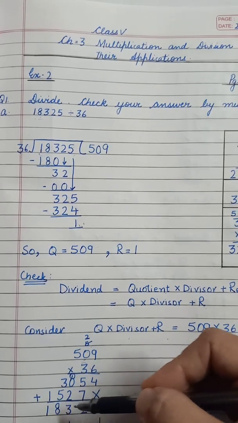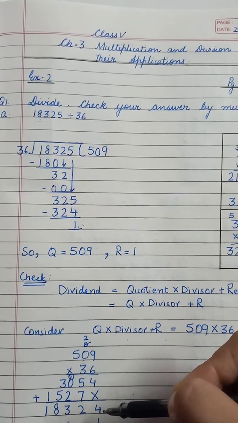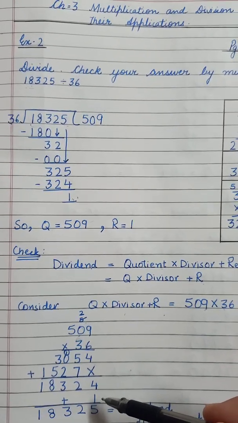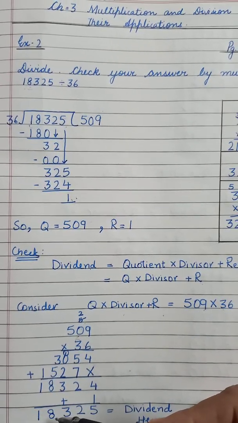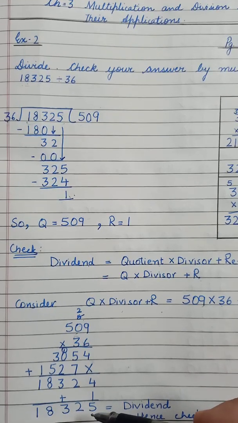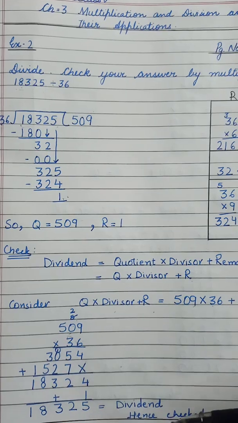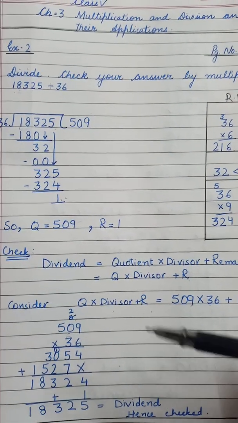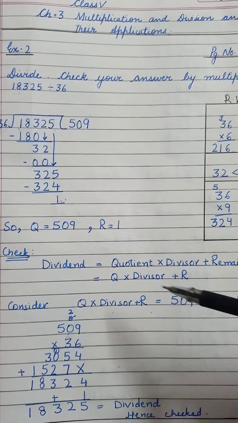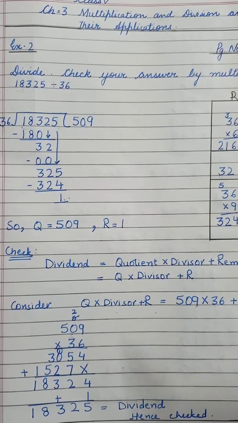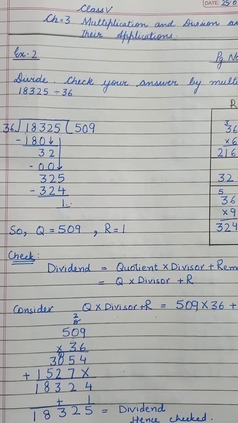We are getting 18,324, right? And then we are to add 1, that is the remainder, to this. So what are we getting? 18,325, that is equal to the dividend. What I told you, if your answer comes out to be equal to the dividend, your purpose will be solved. So it is checked. This is how you can do such questions.